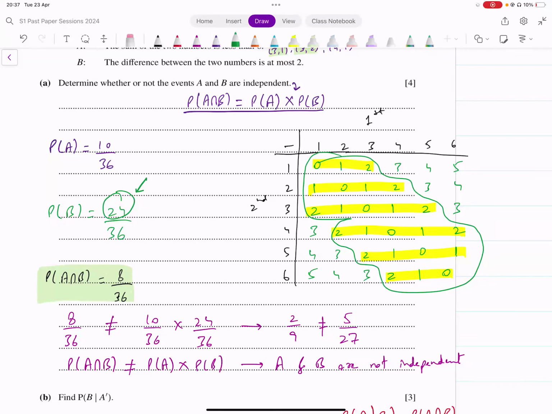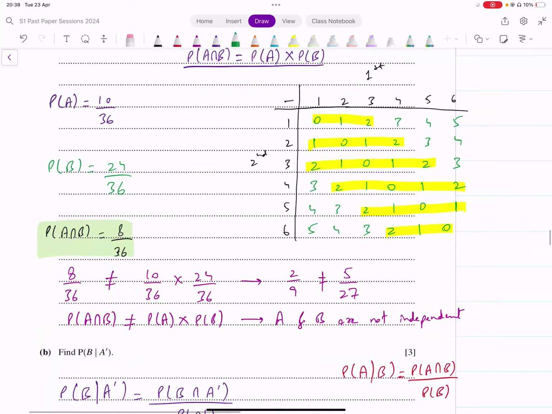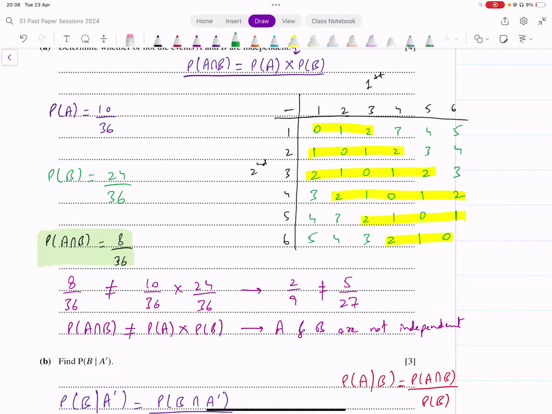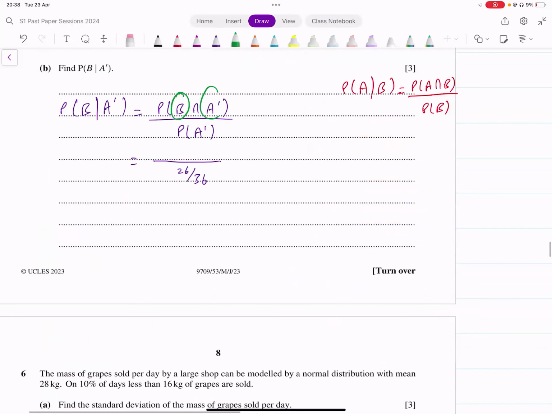Out of these cases, when is A not true? We know that A is true in 8 of these cases. So A would not be true in the remaining cases. 24 minus 8, that is 16. In 16 out of these 24 cases, B would be true and A would not be true. So in the numerator, we have 16 out of 36 because of that.